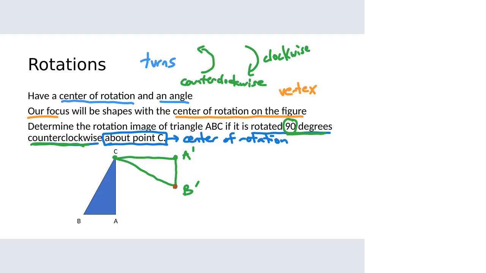And I just took this triangle and I rotated it 90 degrees counterclockwise around point C, meaning point C didn't move. So my new triangle would be A prime, B prime, C, since C didn't move. It wouldn't be wrong if you called it C prime, because it is a point in the image, but you could call it C or C prime because it's in the same position.